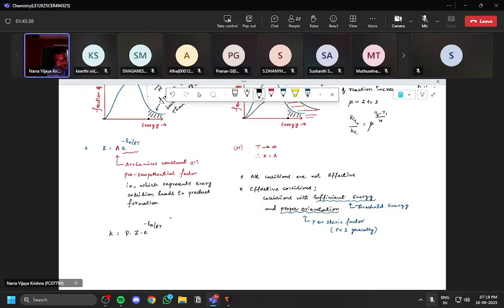What is this P? Steric factor. What is Z? Collision frequency. This Z is nothing but collision frequency, which we discussed in the gaseous state chapter.